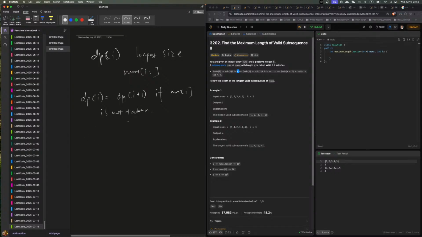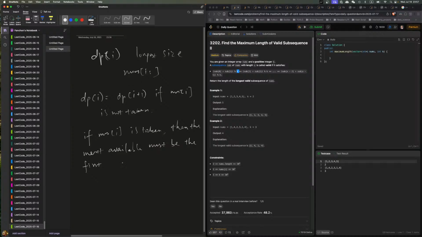Otherwise, if nums[i] is taken, right, then the next available must be the first nums[j] such that nums[j] minus nums[i] mod k is equal to 0.